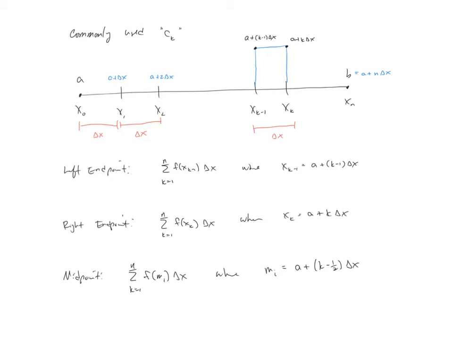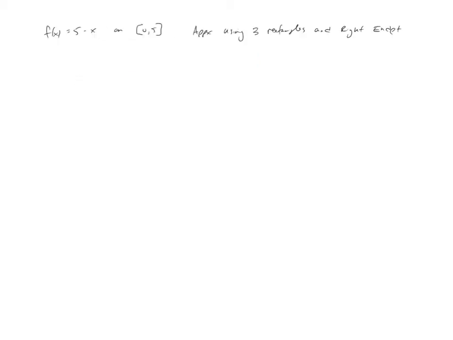That would be x sub k minus 1 half right here, and if I go up, it would be a plus k minus 1 half delta x, just like each of these very systematically fit a pattern. So these are the 3 different ways that we're going to push these limits using these 3 different methods. I'm going to clear the screen now. We'll get an example up there and really show you how all of this is tied together.